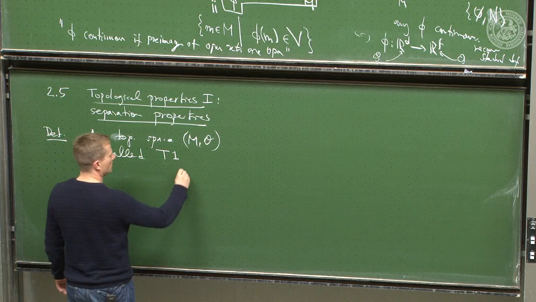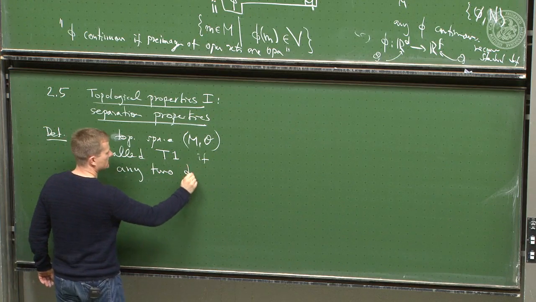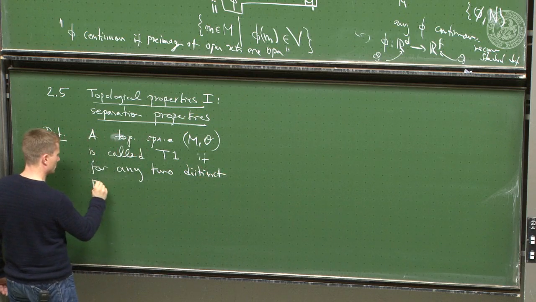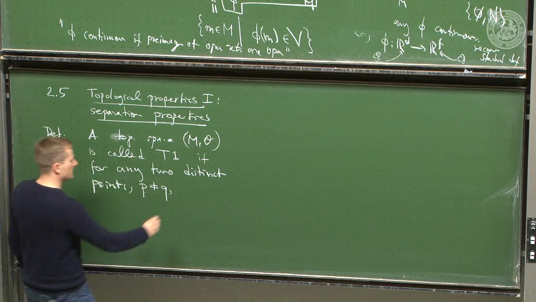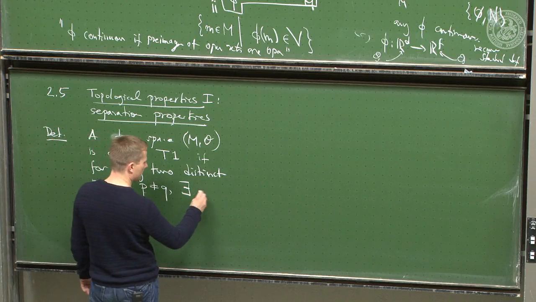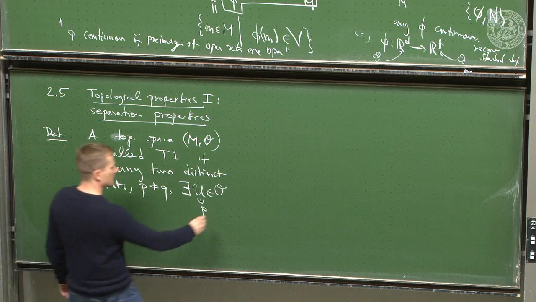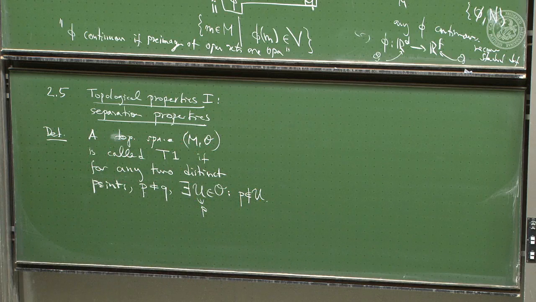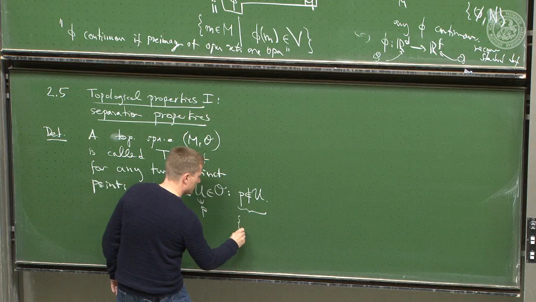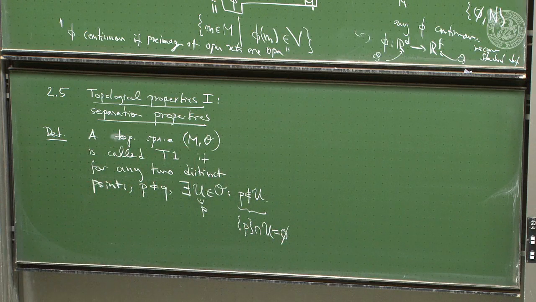It's called T1 if for any two distinct points, that means point P, that's not the same as the point Q, there exists an open neighborhood of P, there exists a U in the topology that contains P, such that Q does not lie in U. Or one can write this differently, that the set with the element Q does not intersect U, meaning that the intersection of this one point and the U is empty. Such a space is called T1.